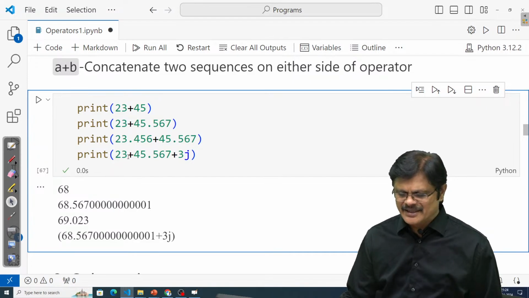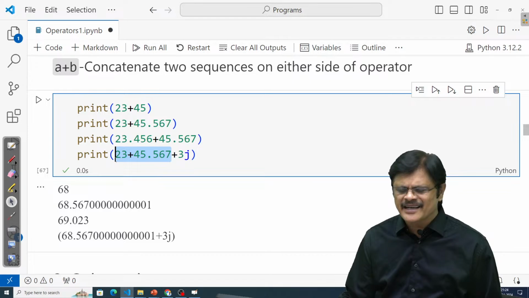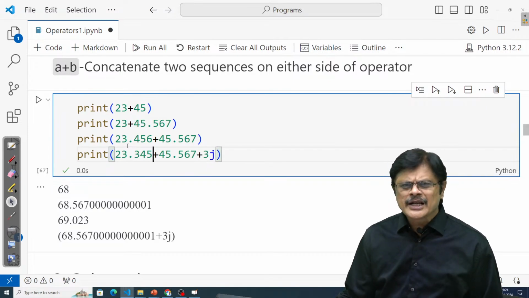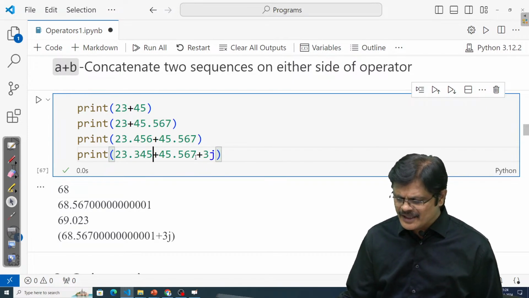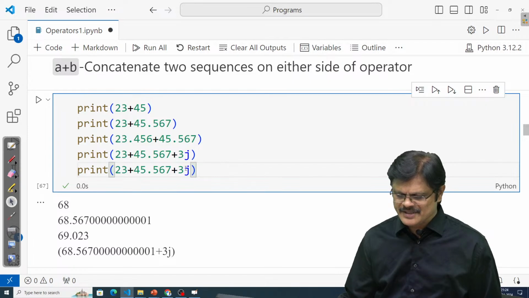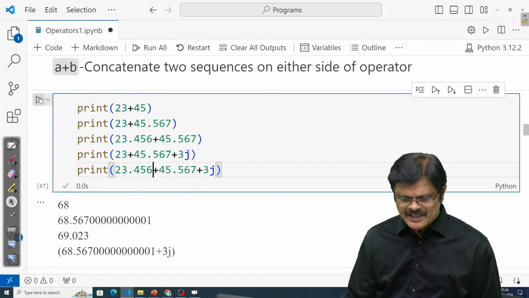You can add here just 23 plus 45.567. The real parts are added, then the imaginary part is 3j as it is. Suppose we are having float and complex, then what happens? Let me rewrite this separately. We can have any number of examples, sir. We can have a float and the other one complex. The result is still complex only.